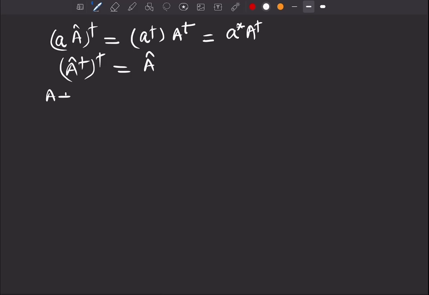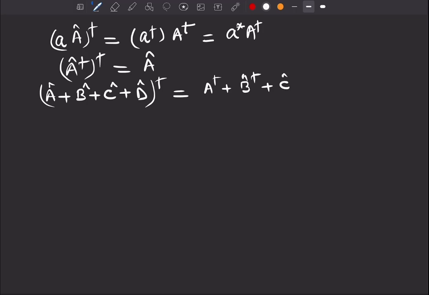If the adjoint of a summation of two, three, four operators is given like this, the adjoint of the summation of the operators is equal to the summation of the corresponding operators' adjoints.